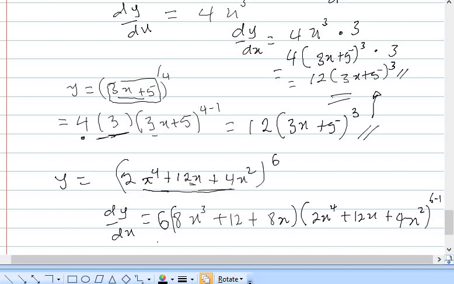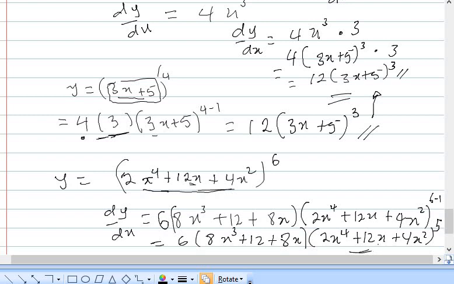The expression should be 6 into 8x power 3 plus 12 plus 8x, then the other terms should be 2x power 4 plus 12x plus 4x square whole power 5. So this is how it should be.